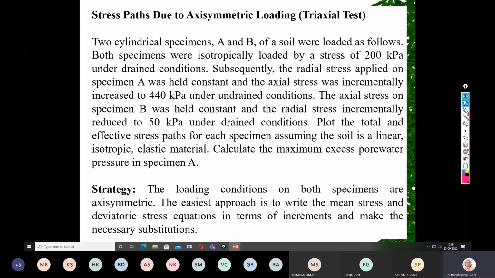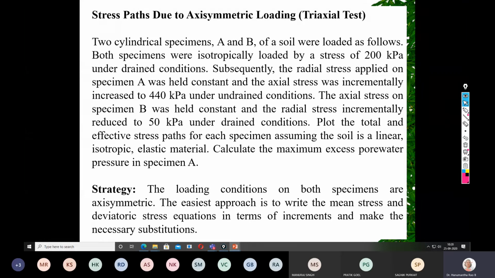The reverse has been done on specimen B, but under drained condition, where pore water pressure was not allowed to develop. So it's understood that pore water pressure was developing only during the triaxial testing on A, because it is undrained condition.